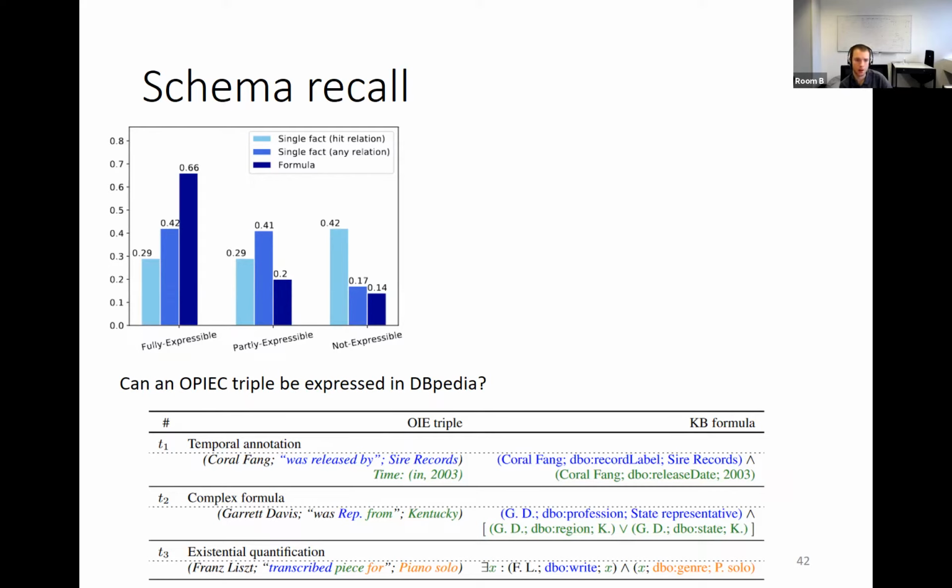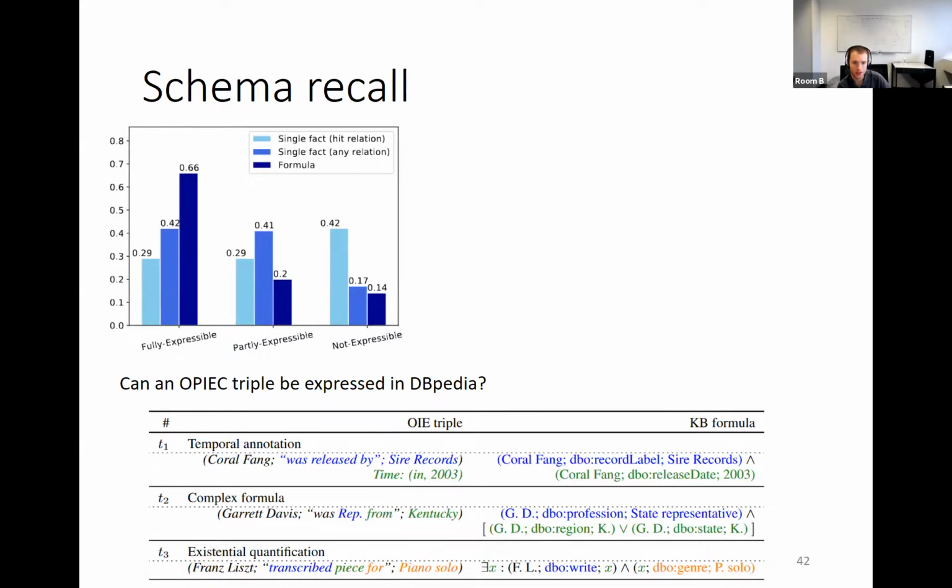For example, at the bottom, we see that sometimes a single triple is not enough to capture something in a knowledge base like DBpedia. So this textual triple, Coral Fang was released by Sire Records in 2003, requires two knowledge base triples, or there can be even more complex formulas.